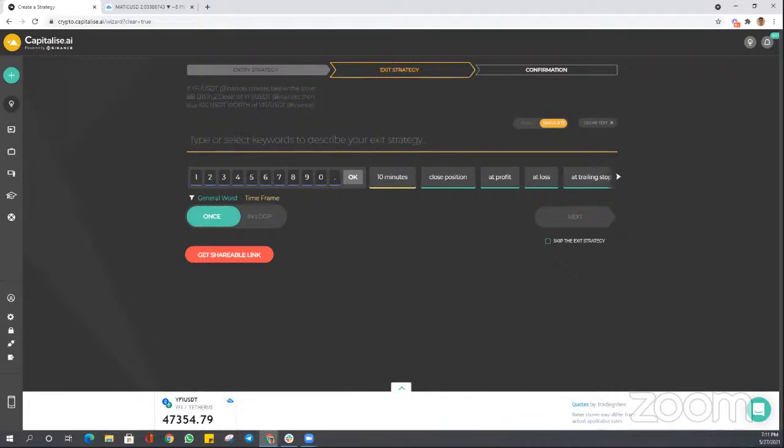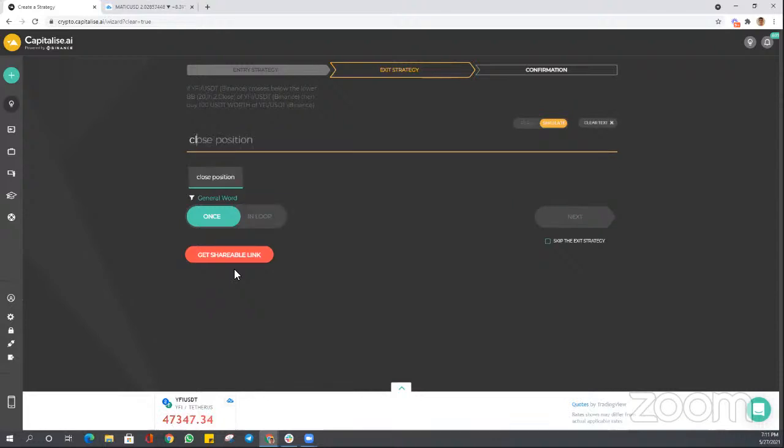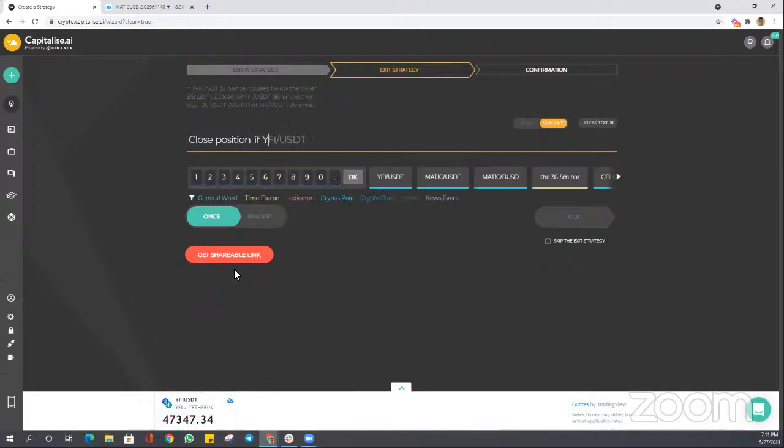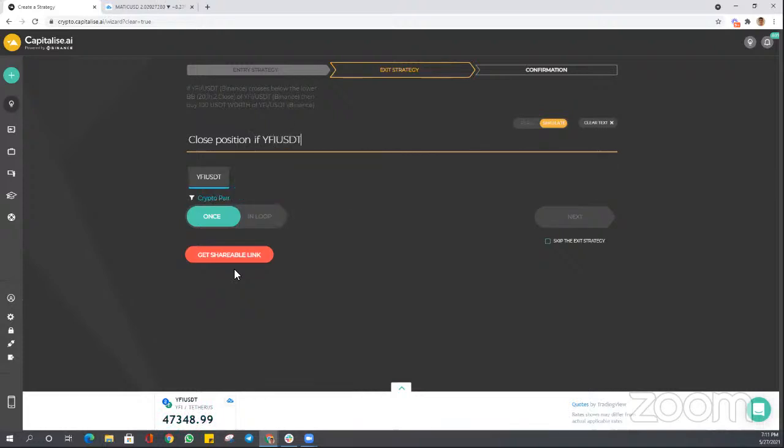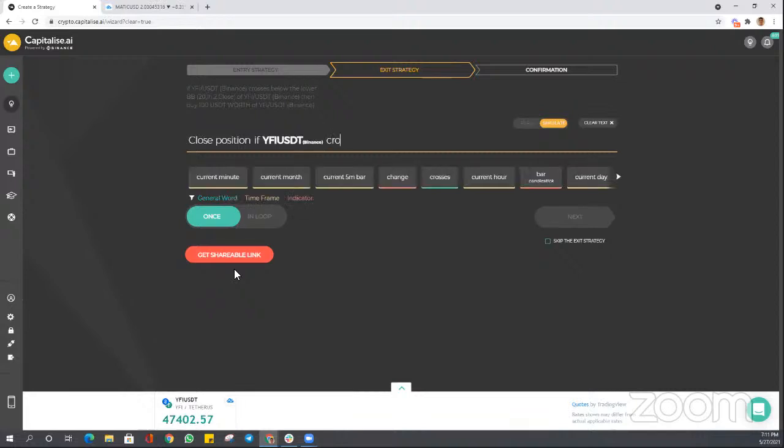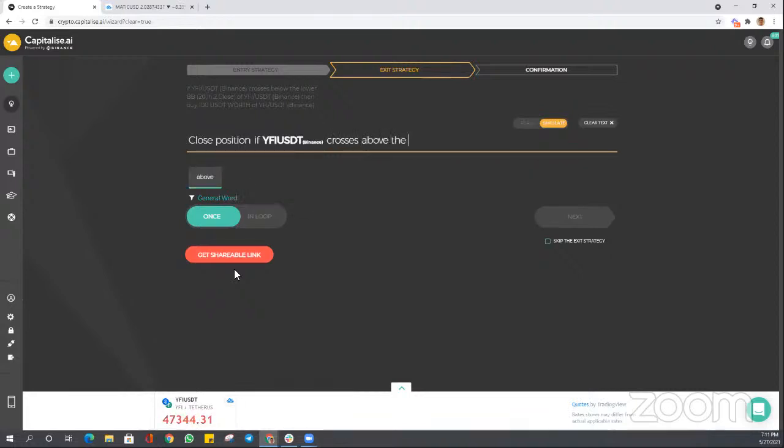And we'll click next. And for our first strategy, let's use the same indicator, except let's just use the middle BB. So let's go close position if YFI USDT crosses above the middle Bollinger Band.